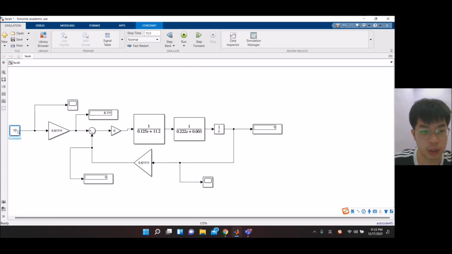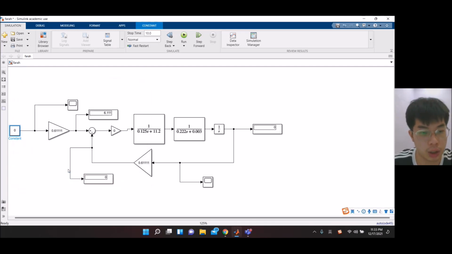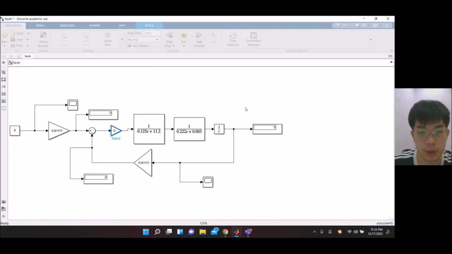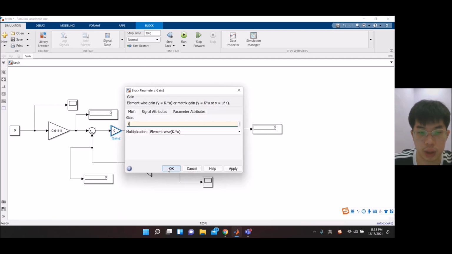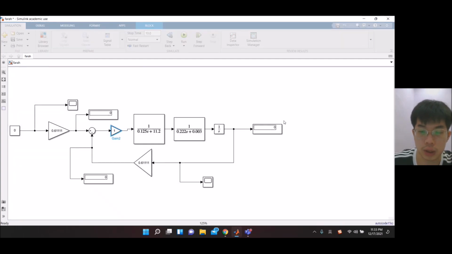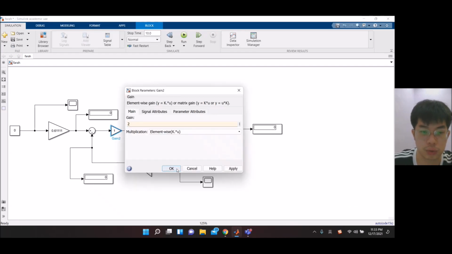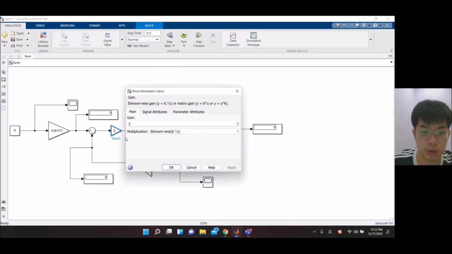So for activity 5, the constant value will become 0, and we start adding the gain from 0 until 10. So first is 0, the value 0, 0, which is 1, the value also 0, 2, so 0, change to 3.